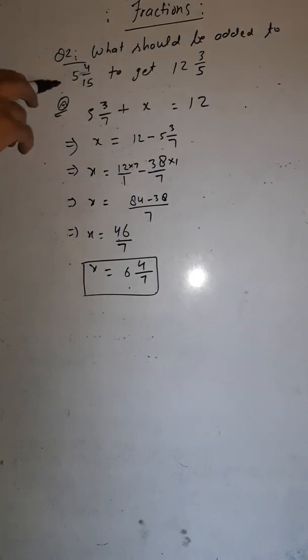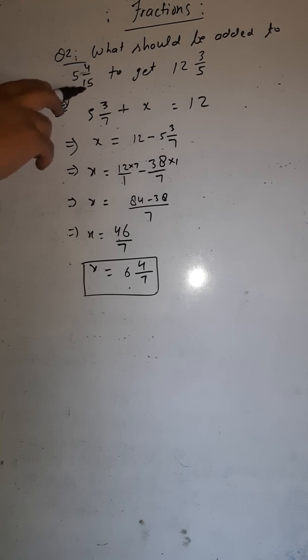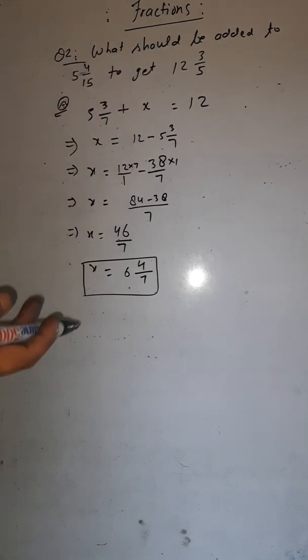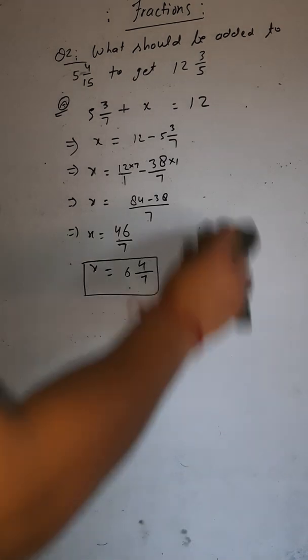So what should be added to 5 whole 4 by 15 to get this much? How much should you add here so that the answer is this much? Same like this? Can do? Okay. Let's do this one also.